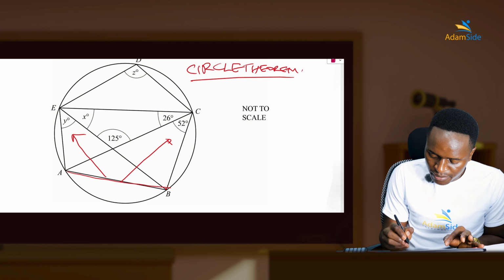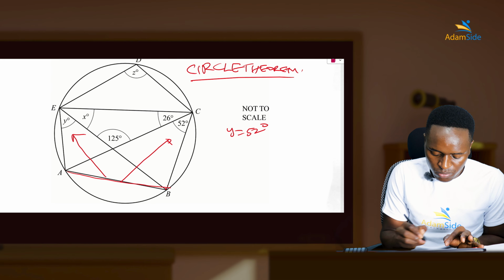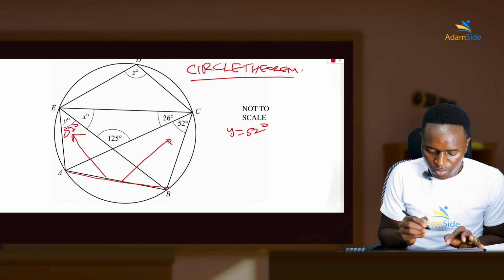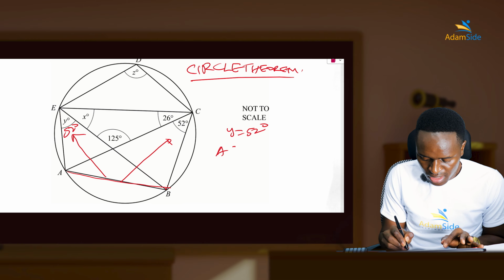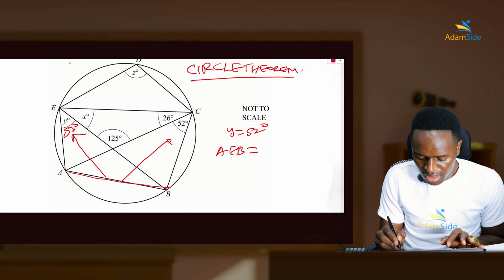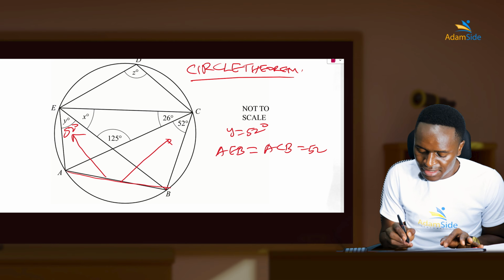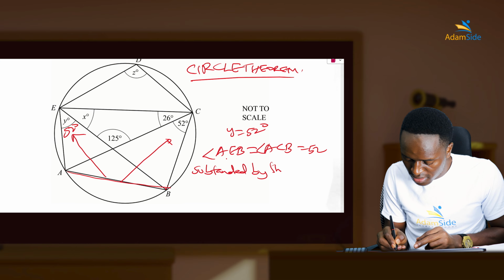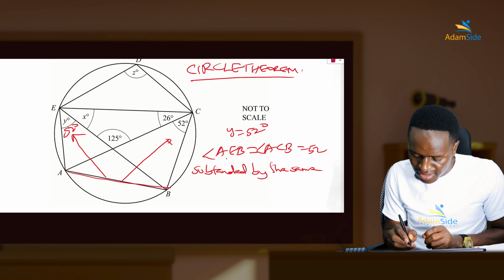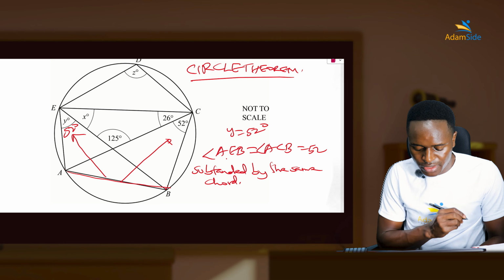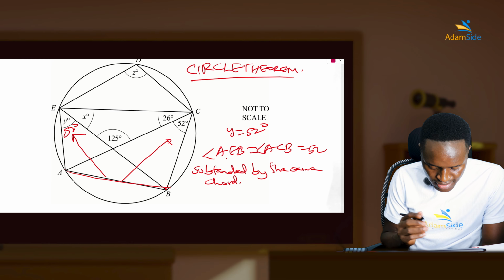Therefore, angle Y is 52, because angle AEB is equal to angle ACB, which is 52, subtended by the same chord. That's it.